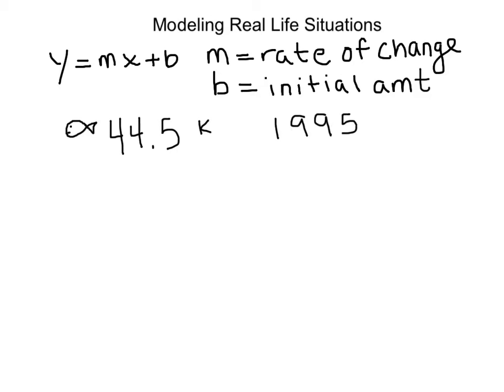It is projected over the next 10 years that there will be an increase of 3.2 thousand per year. And so what we want to do is write an equation that would model that.